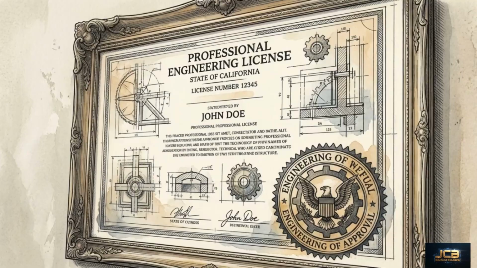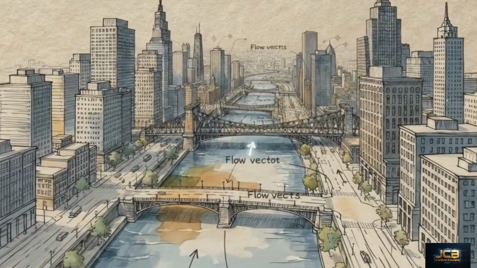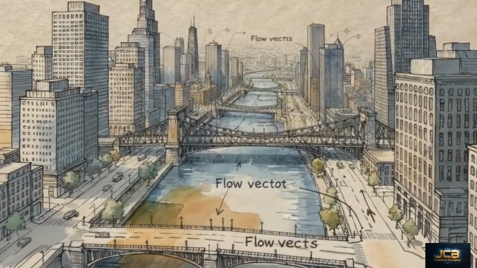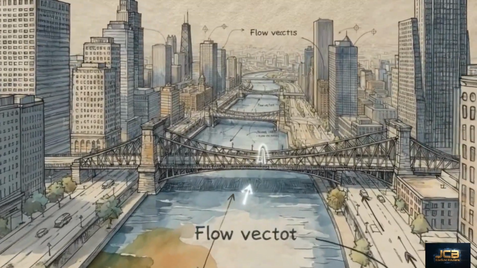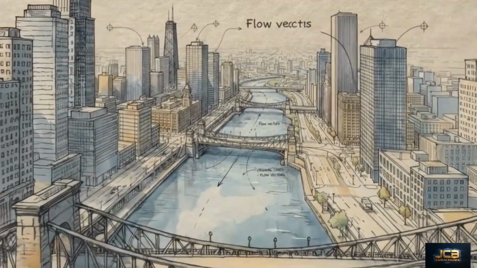Mastery of these specific numerical constraints represents the absolute baseline expectation for achieving your professional license. Behind the dry tables and the code sections lies a fundamental duty. The engineer's responsibility is to protect public health by securely isolating and transporting toxic biological waste away from human populations.